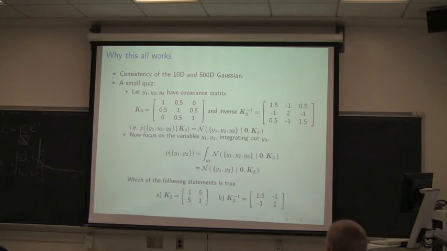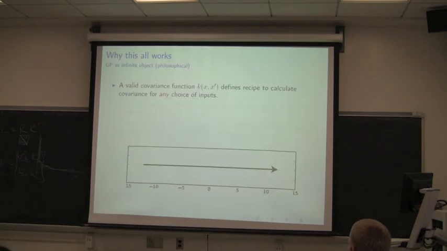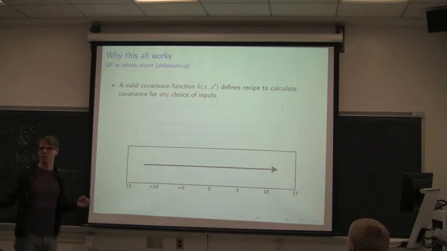So basically, the way to marginalize is that you only need the submatrix corresponding to the variables that you're interested in. For a Gaussian process, the idea is that the actual Gaussian that you start with, the prior, is an infinite dimensional Gaussian. This is a little bit philosophical because you're always interested in a finite number of dimensions, because what we have is a finite number of data points, and each data point is one dimension of this Gaussian.